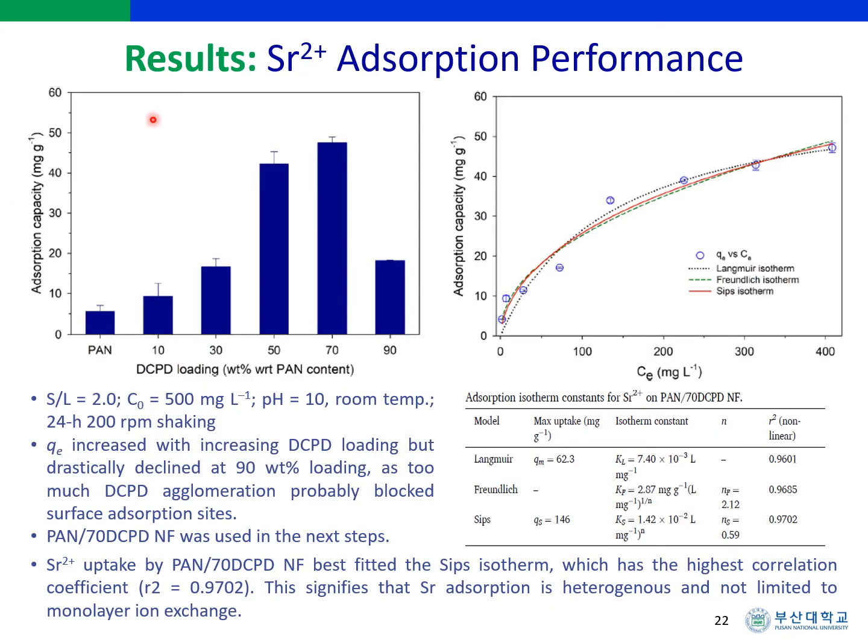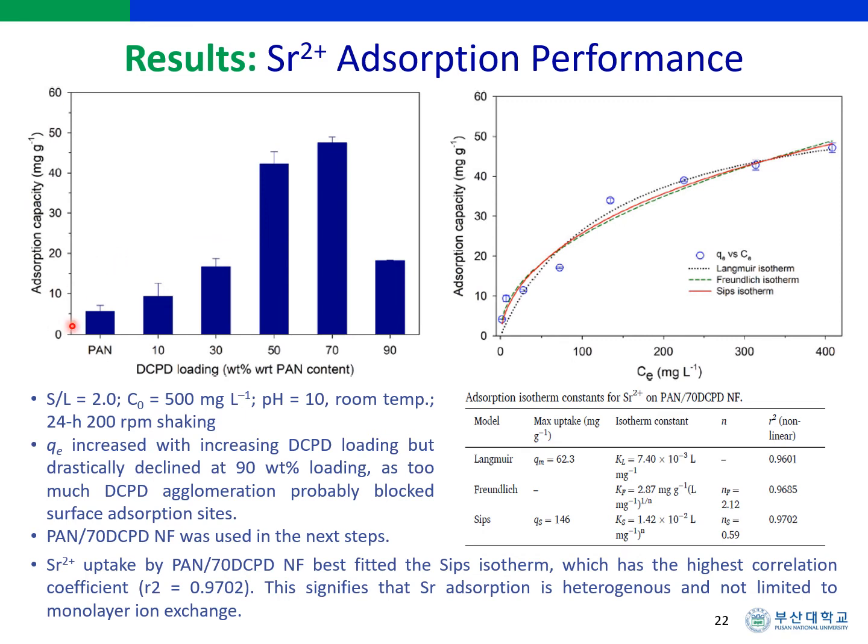Depicted in this figure is the effect of DCPD loading on strontium uptake by PAN-DCPD nanofiber adsorbents. Pure PAN nanofiber exhibited a considerably poor strontium adsorption capability of less than 6 mg per gram. The adsorption capacities of PAN-DCPD nanofiber adsorbents increased as the DCPD loading increased.